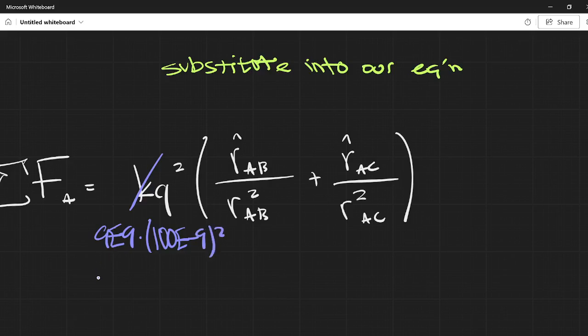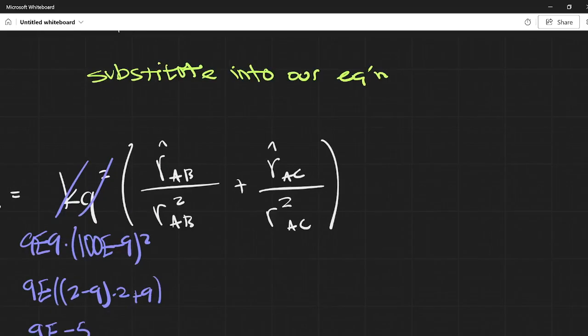Well, that's just 9e2 minus 9 times 2 plus 9, right? And then 9e negative 5 is what we get for this first factored out term.